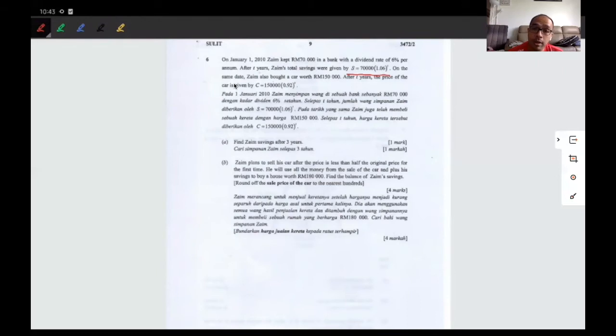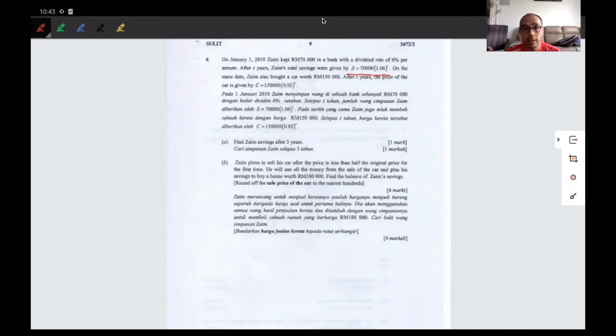Oh, actually, maybe not. This may be an index question actually. Yeah, I think it's an index question. Index and log. Check and see. It looks like a progressions question, tapi dia adalah the combination of progressions and log. So evil. Anyway, on the same date, Zaim also bought a car worth 150,000.